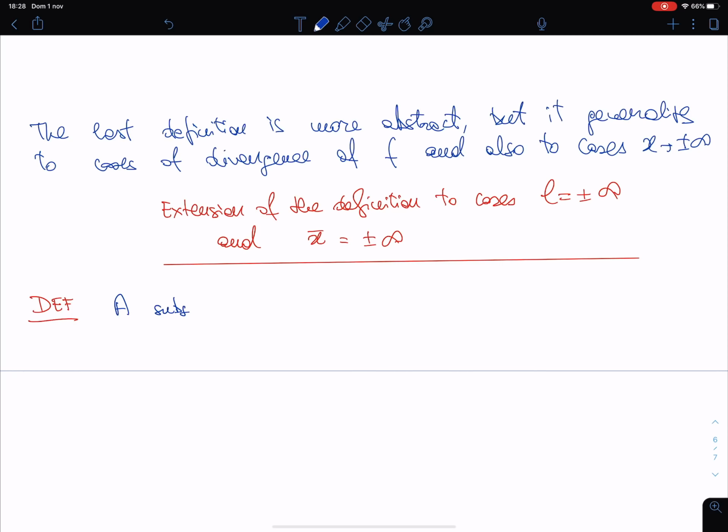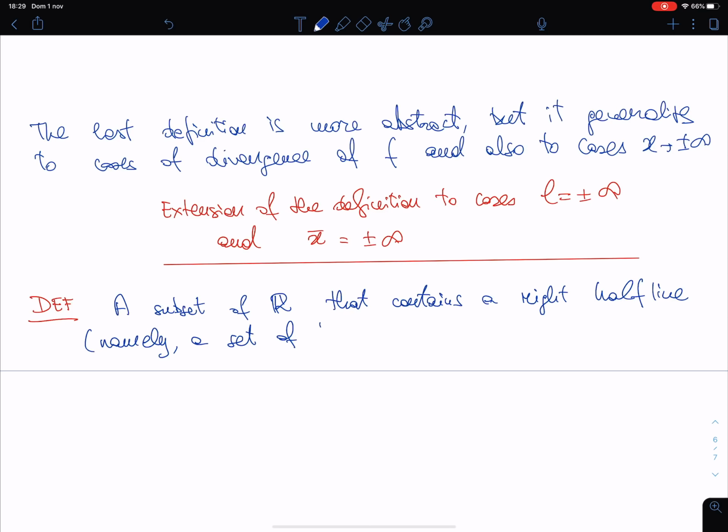A subset of R that contains a right half line, which means namely a set of the type K plus infinity, is called a neighborhood of plus infinity.